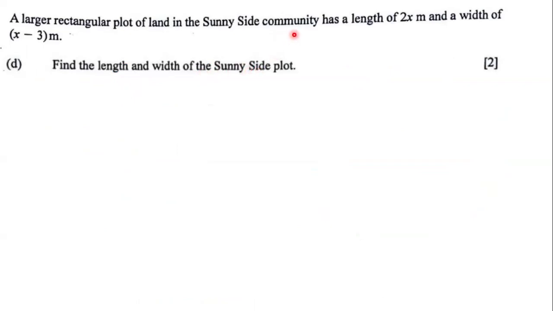So we have the length of this plot that is in the sunny side community. It has a length of 2x meters, and it has a width of x minus 3 meters. So what is the actual length and width of the plot of land that is in the sunny side community?